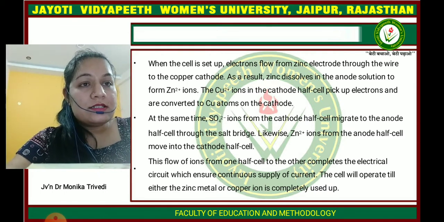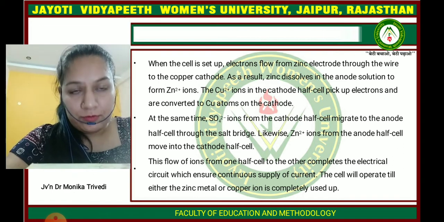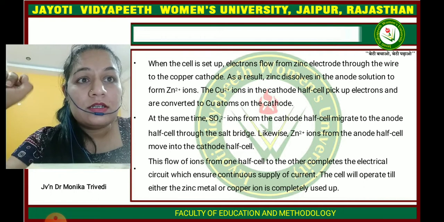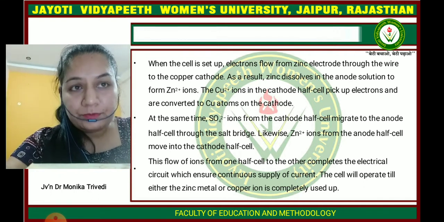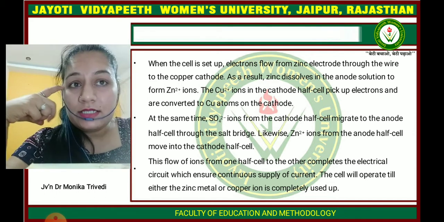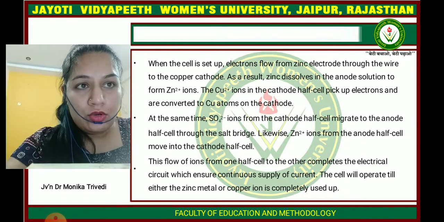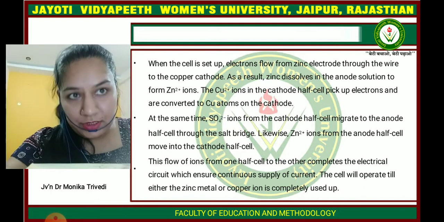As a result, zinc dissolves in the anode solution to form Zn2+ ions. The Cu2+ ions in the cathode half cell pick up the electrons and convert into copper atoms on the cathode. At the same time, SO4 2- ions from the cathode half cell migrate to the anode half cell through the salt bridge.